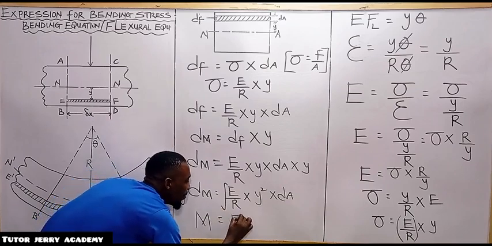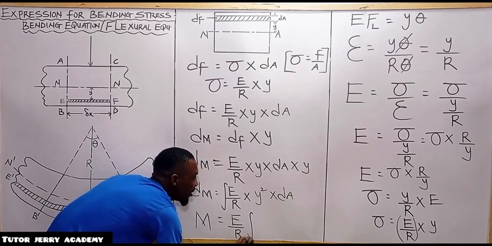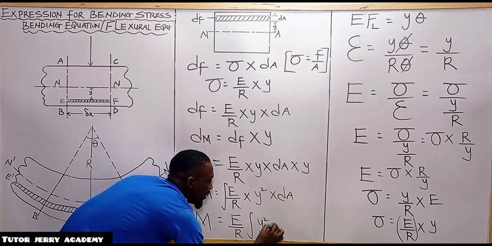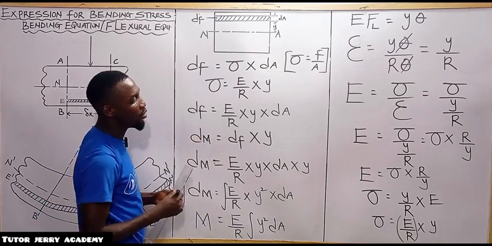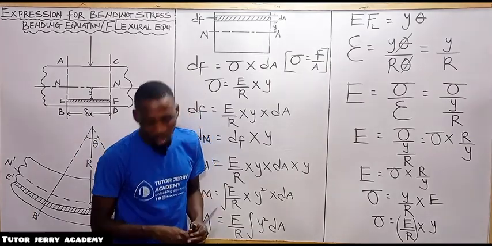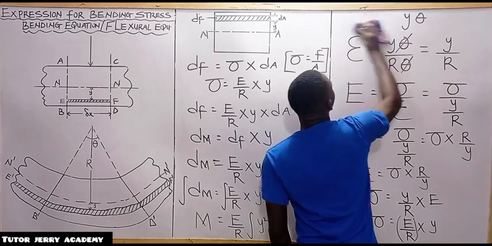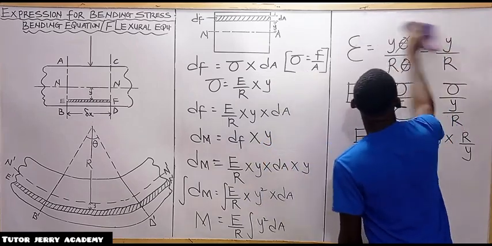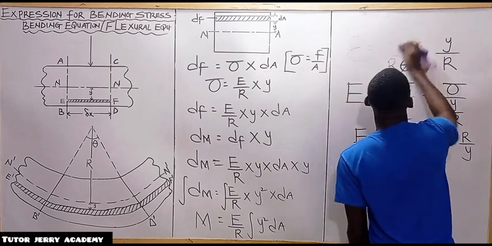So we are going to have E all over R, then integration of y squared dA. You are going to note that the integration of y squared dA is nothing but moment of inertia.